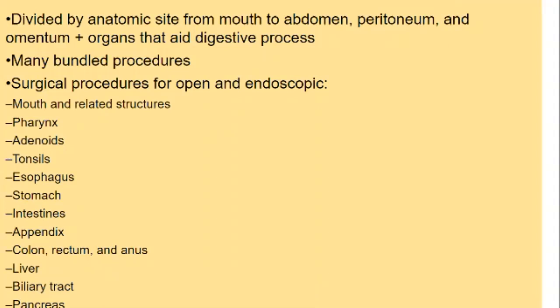These are all of our subsections: mouth and related structures, the pharynx, adenoids, tonsils, esophagus, stomach, intestines, appendix, colon, rectum and anus, liver, biliary tract, pancreas.